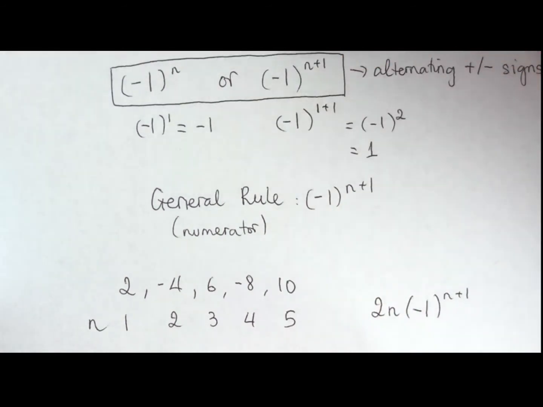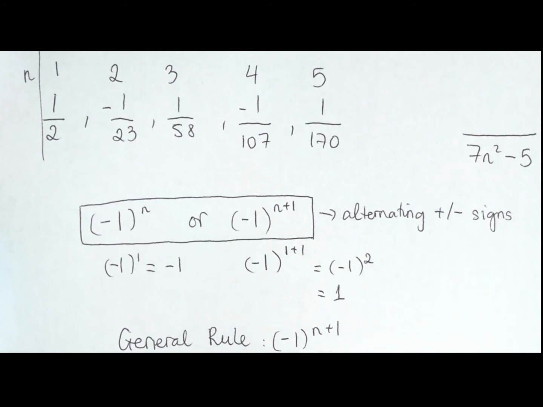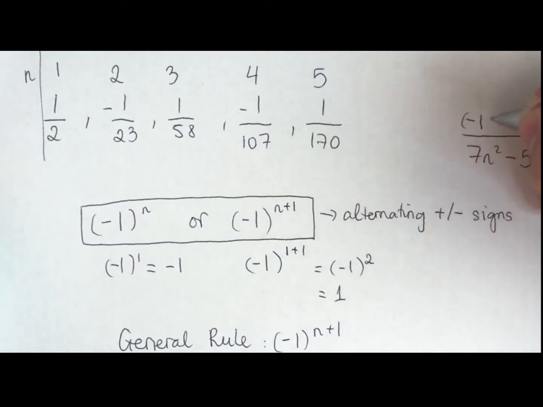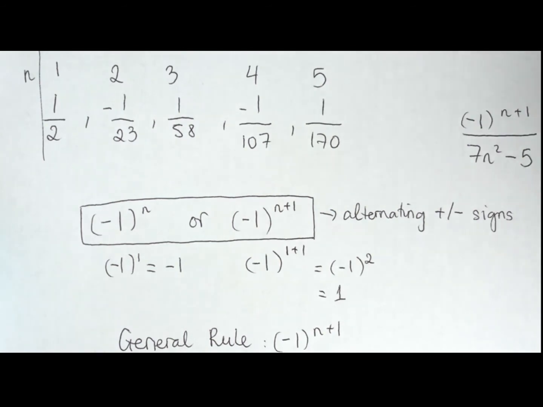So these two formulas take care of the alternating signs, and then you can multiply either one of them with the general rule that you find for the sequence. And so going back to our example, we have -1 to the n plus 1 over 7n squared minus 5.